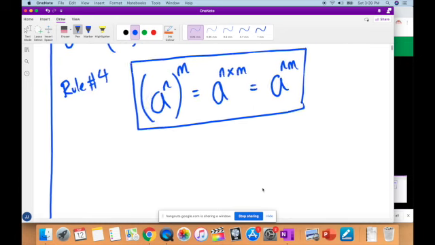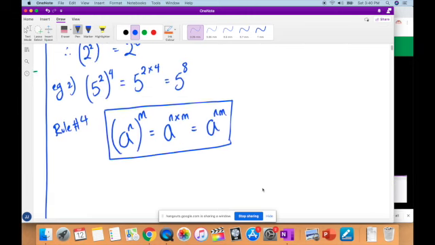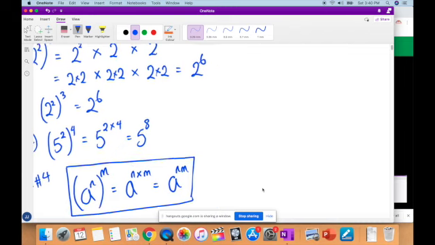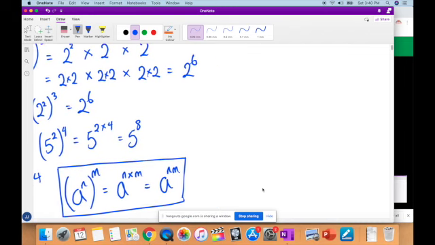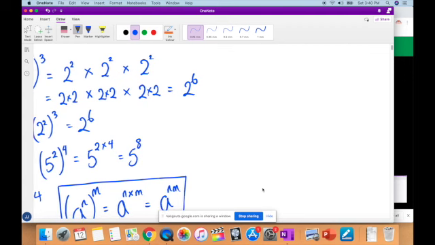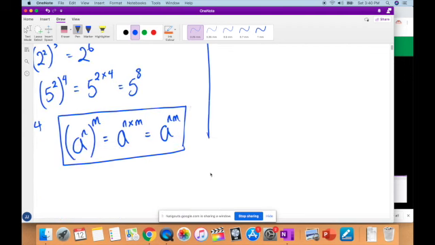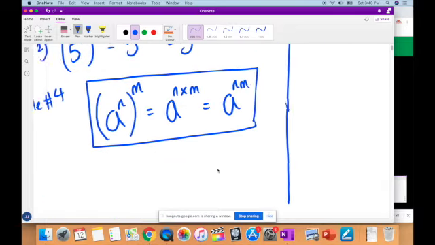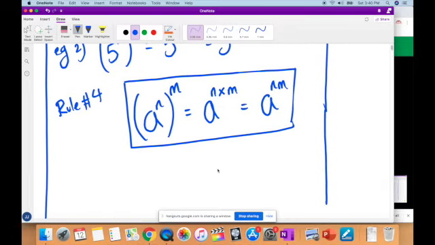So, way to remember this one. Rule number 5 is derived from this. So the next one we're going to do, you're going to have to remember this.